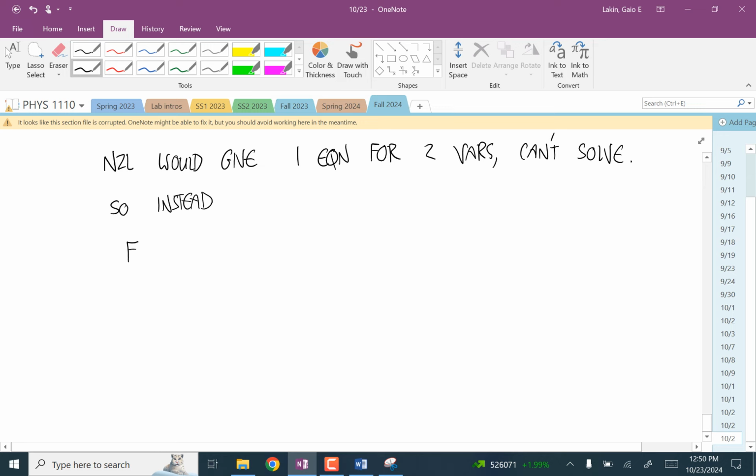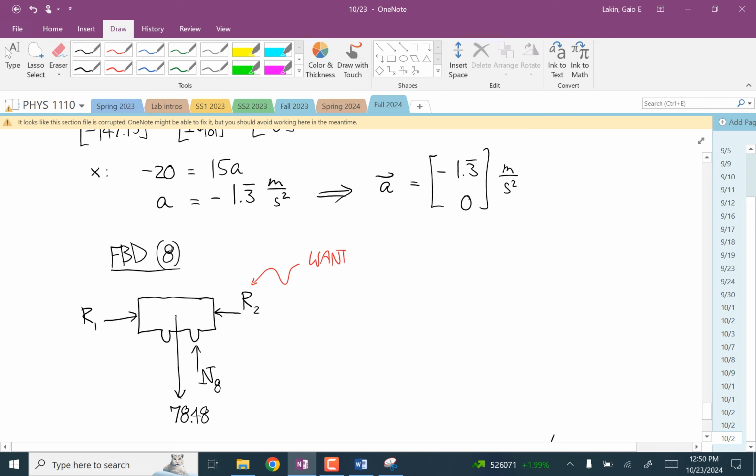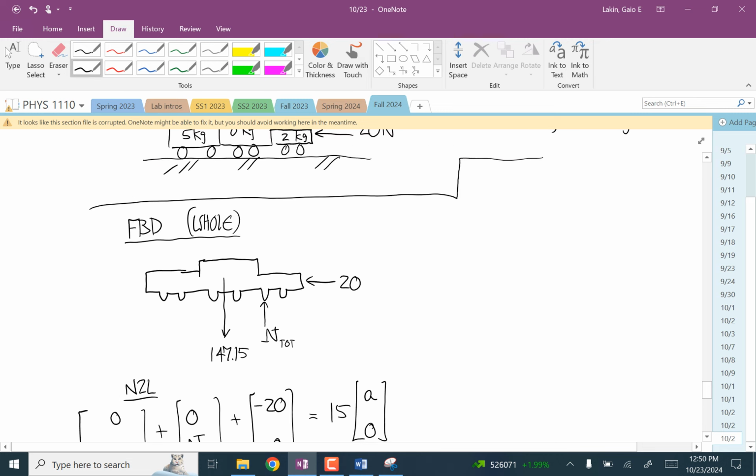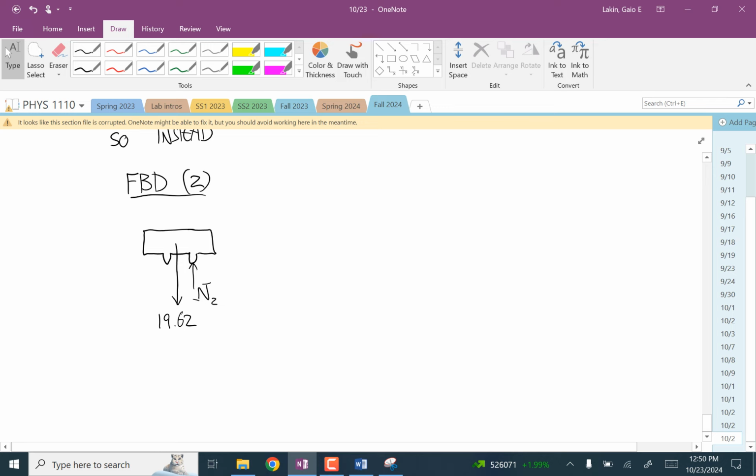I'm going to draw a free body diagram of the 2 kilogram. There's a weight force down of 19.62. A pushing force up, I'll call that N2. There's the given force of 20.